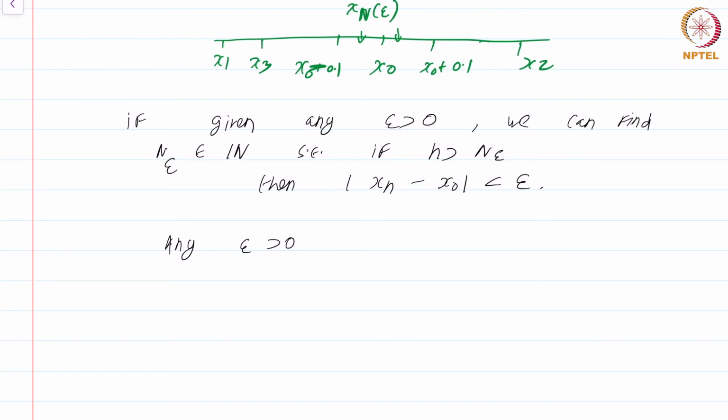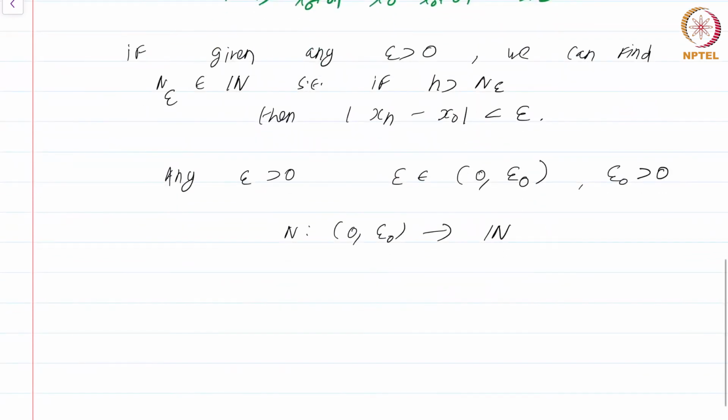If you could do it for epsilon in some interval 0 to epsilon naught, where epsilon naught is of course greater than 0, if you can find a function N from 0 to epsilon naught to the natural numbers, such that the definition of convergence is satisfied for all epsilon coming from the open interval 0 to epsilon naught, then you are actually done. You can make this function capital N actually from R plus to natural numbers.